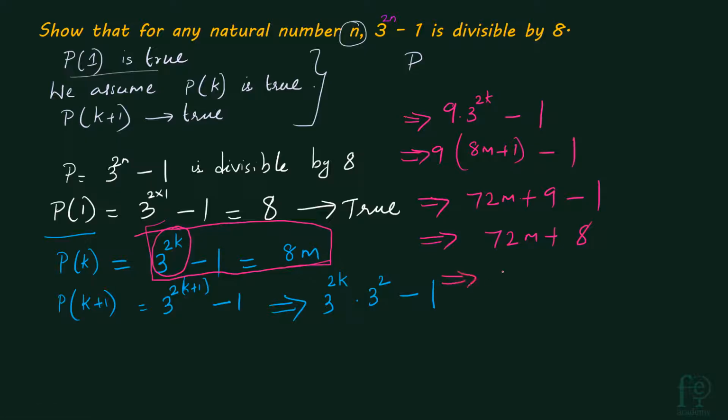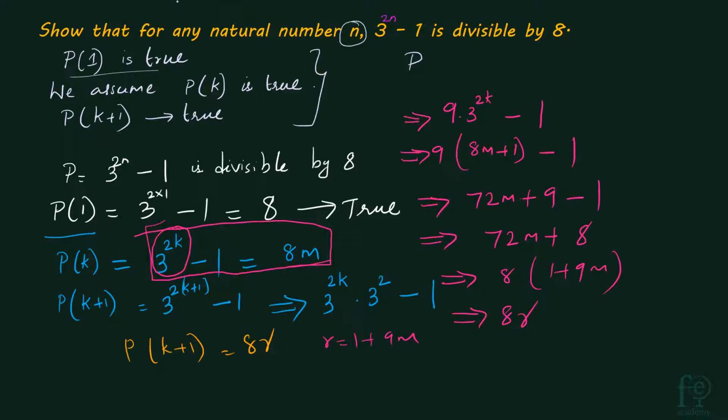So it will be actually 8 into 1 plus 9m, which will be giving you 8r, where r is equal to 1 plus 9m. So what does it mean? When you are telling P of k plus 1 is equal to 8r, it means that P of k plus 1 is also a multiple of 8, or P of k plus 1 is also divisible by 8.